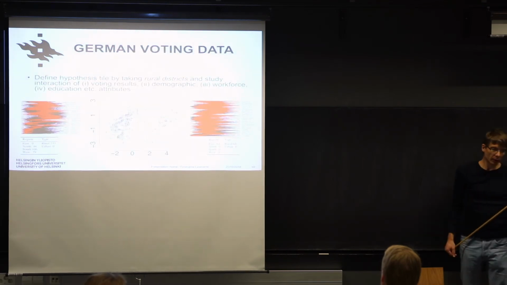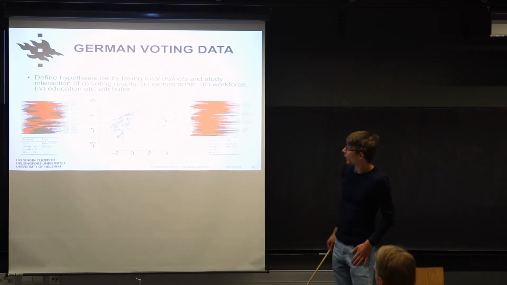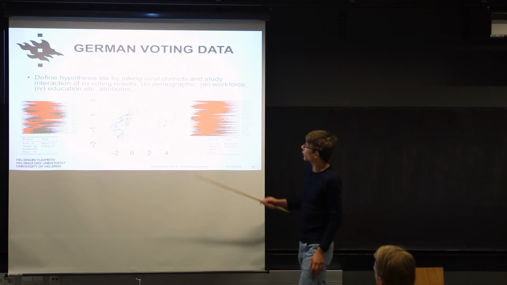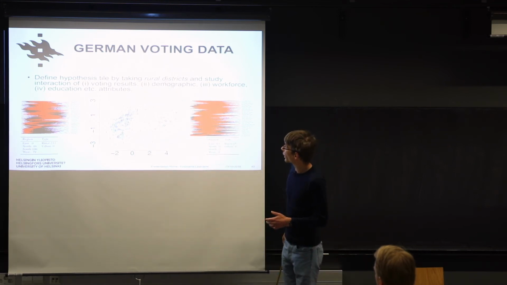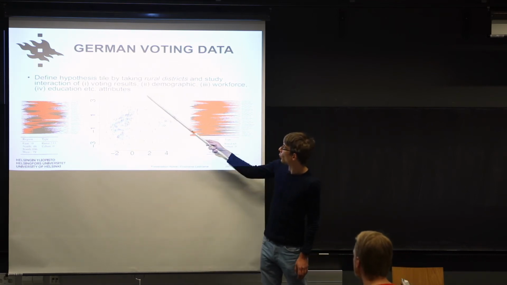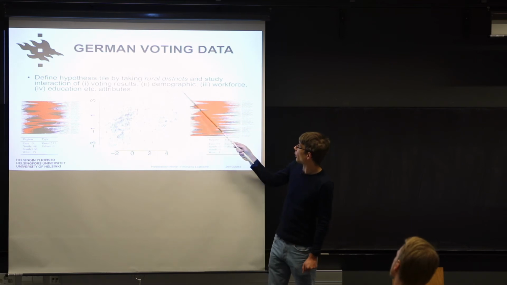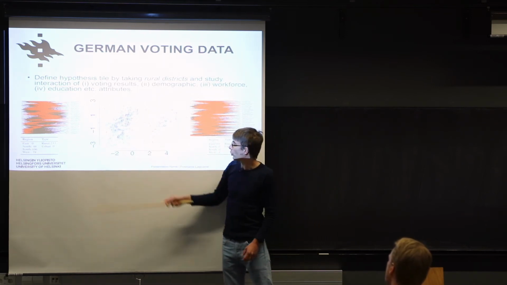And now here's an example of this German data. The user might be interested in the rural district and the interaction of three classes of attributes, namely voting results for the several parties, demographic attributes, and workforce and education attributes.